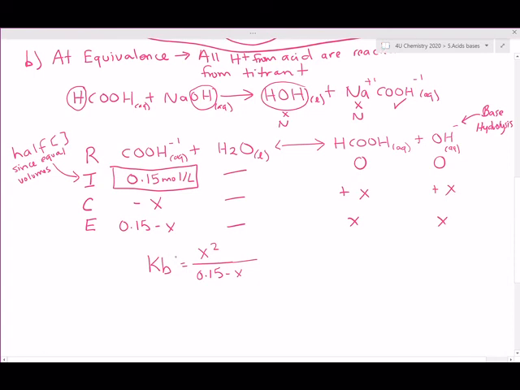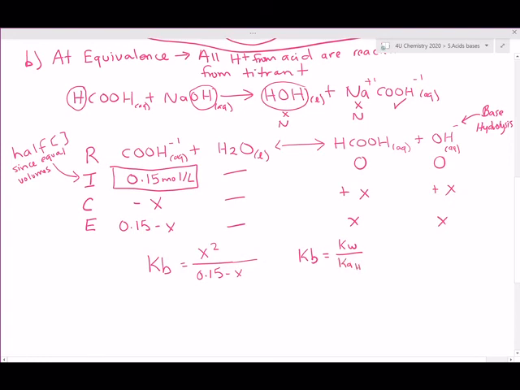Okay, now we can't just look up that Kb value. So if you recall, you can calculate it. Kb is going to be found by taking the Kw, or 10 to the minus 14, and divide by the conjugate acid.